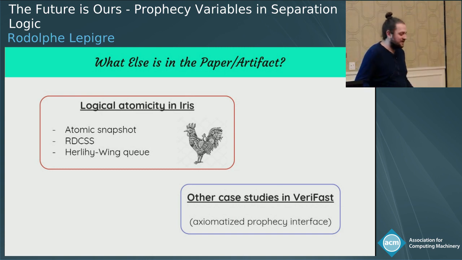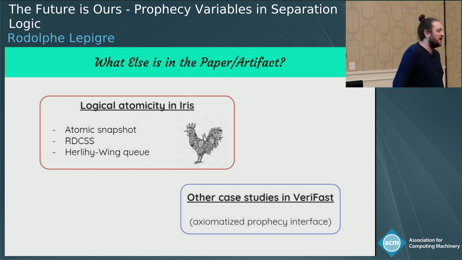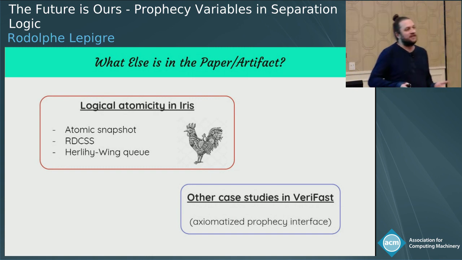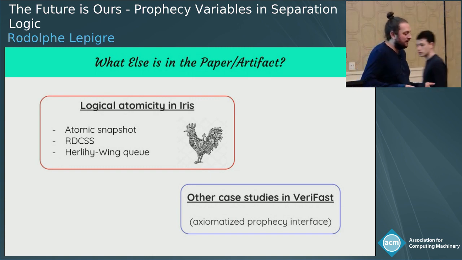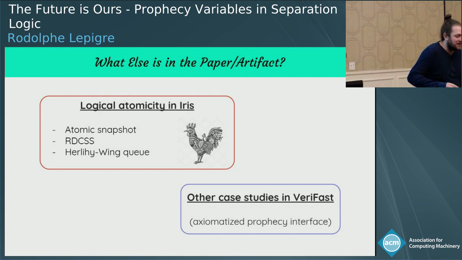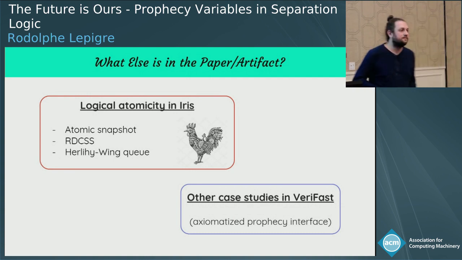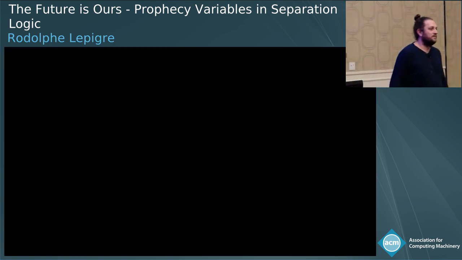So basically, what this gives us is a standard-looking Hoare-style specification, but you're actually allowed to use the invariant rule around expressions that are not atomic. So yeah, that's basically how that works.